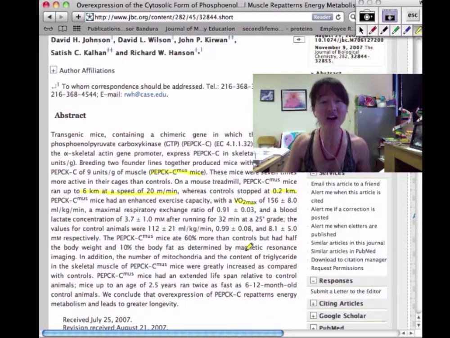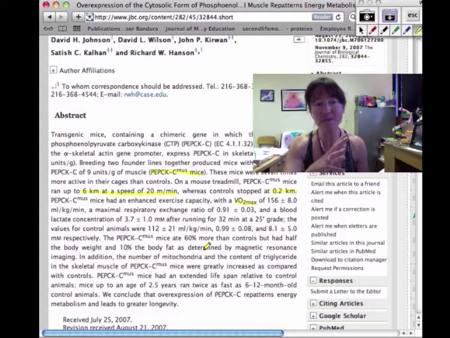They had enhanced body composition. That is to say, they had half the body weight of those control mice and 10% the body fat of control mice. Holy cow, these really are mighty mice. And I don't know about you guys, but this scares me a little bit when you think about the lengths to which elite athletes like to go in order to have these sorts of gains.